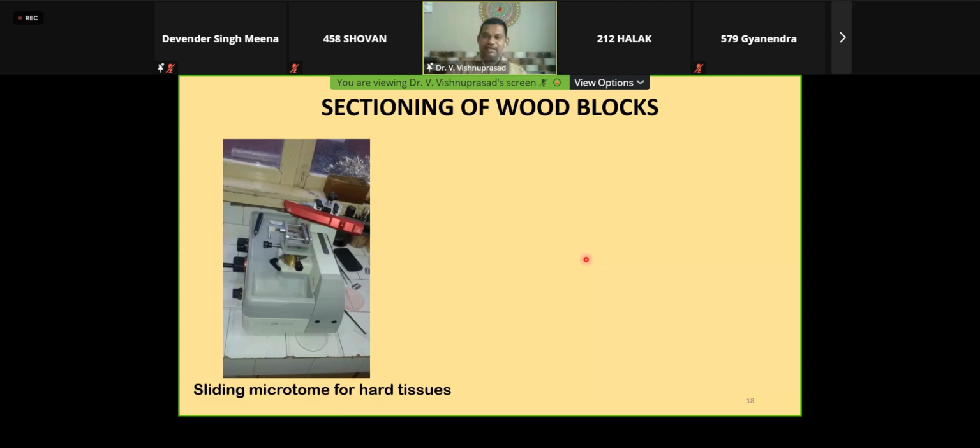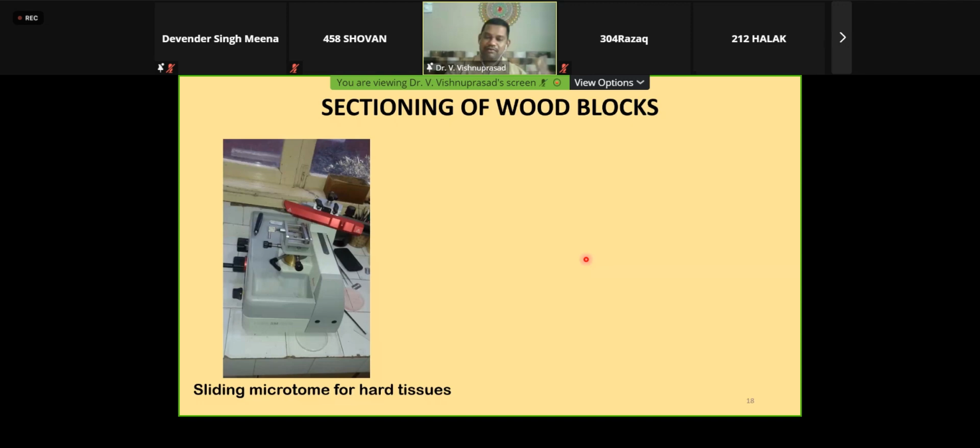During my PhD, I had access to this microtome for my sample sectioning at the botany department of Maharaja Sayajirao Gaikwad University, at Vadodara, Gujarat. I took all my samples over there, stayed for about 5 to 6 months, and did the sectioning from this instrument.